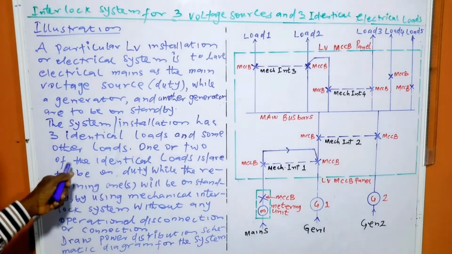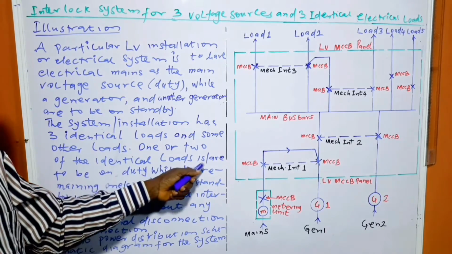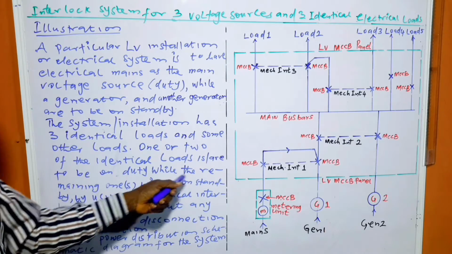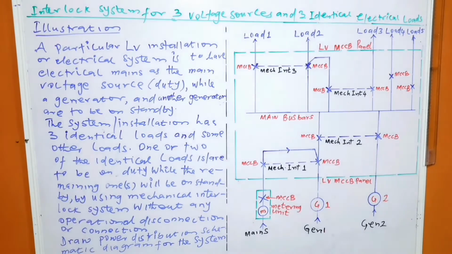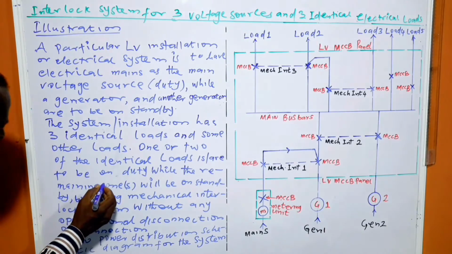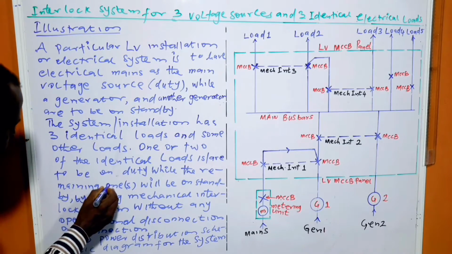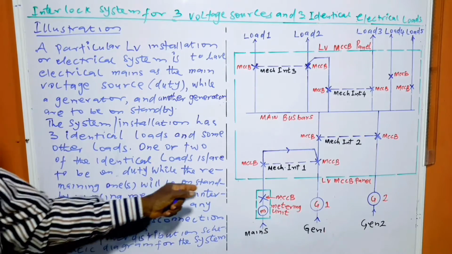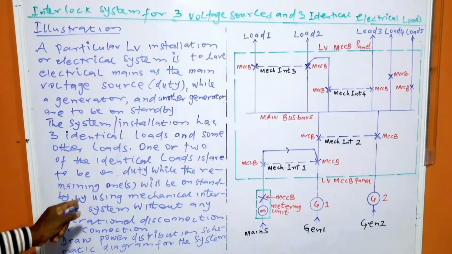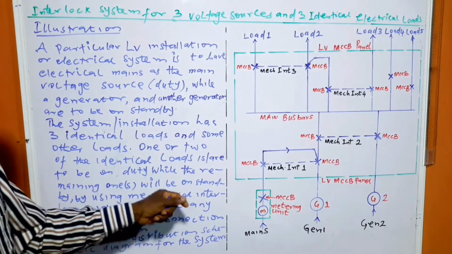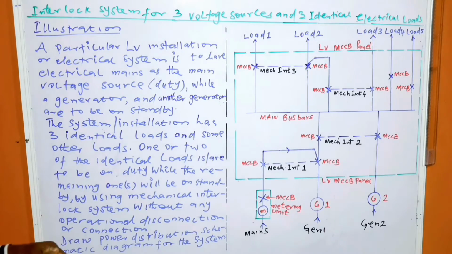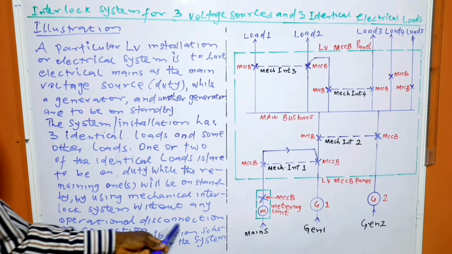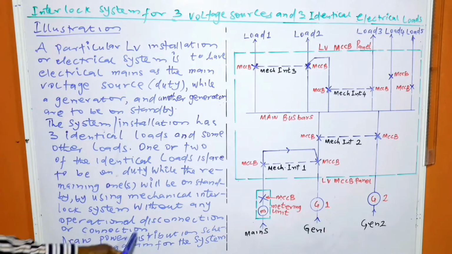One or two of the identical loads are to be on duty, while the remaining ones will be on standby by using a mechanical interlock system without any operational disconnection or connection.